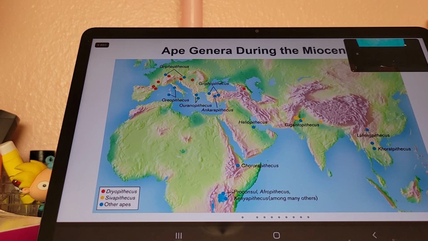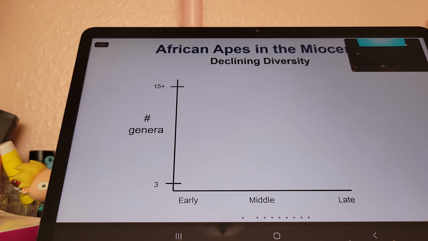So why do we only have a handful of ape species left today, right? What happened? Well, during the early Miocene, there were a lot of different ape genera, or groups of apes. But basically across the course of the Miocene, you have an initial fluorescence and diversification and spread of the apes, but by the time you get to the late Miocene, there aren't very many ape groups left.